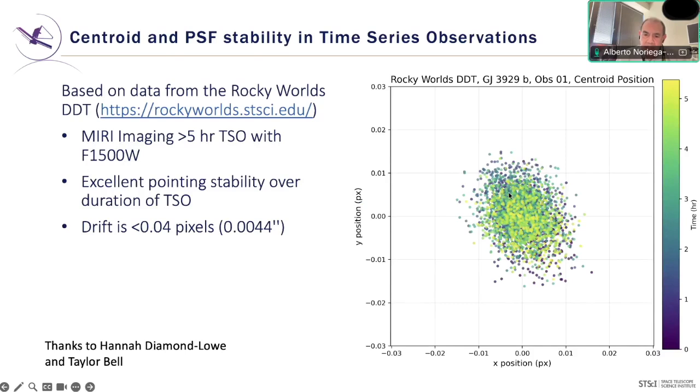This is a plot of the position in X and Y of the source by hours, and you can get essentially stability of the order of 0.4 pixels, or 0.004 in the observation.